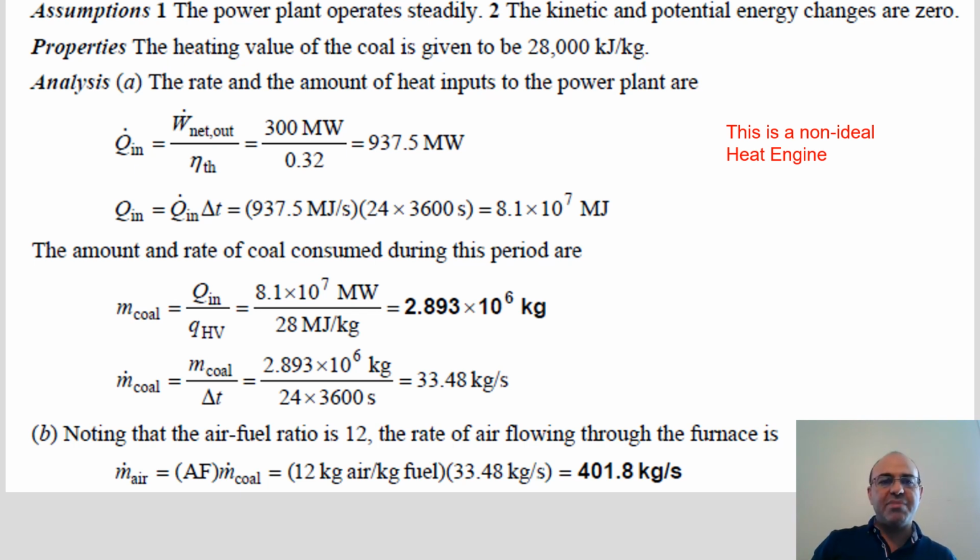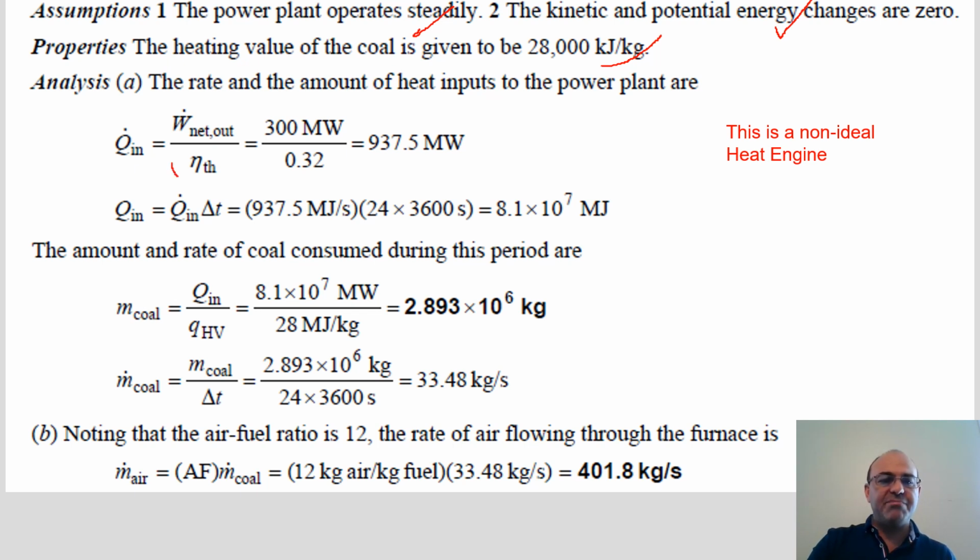So we assume that the power plant operates in a steady flow process. Kinetic and potential energies are assumed zero because there was no information about kinetic and potential energy, and usually they are negligible. And the heating value of the fuel is given.